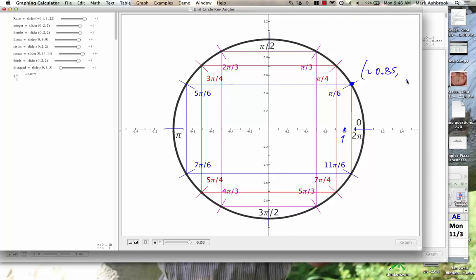Okay, what about sine? Jessica, what would you estimate the sine of pi over 6 to be? Sine wouldn't be in terms of pi.